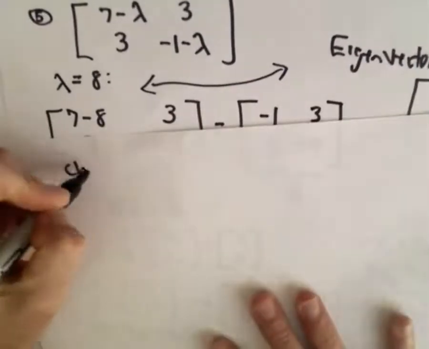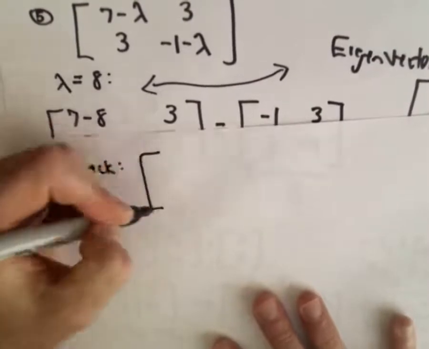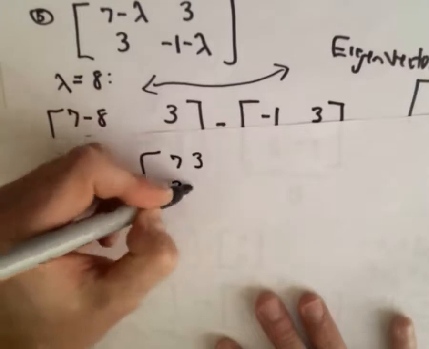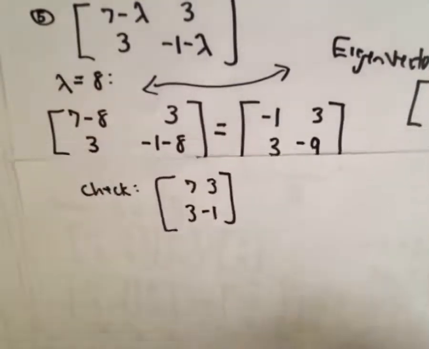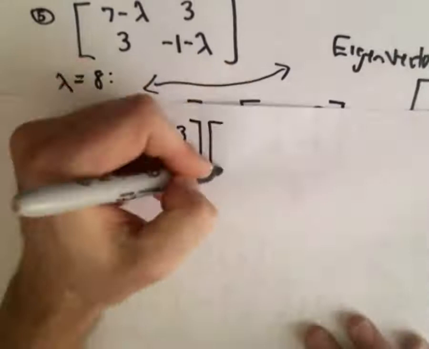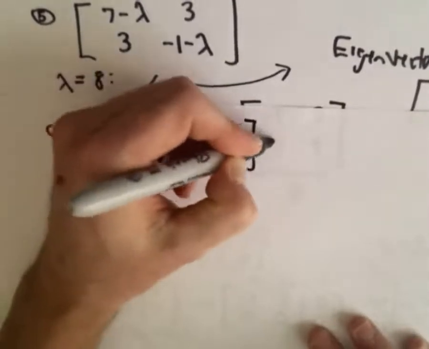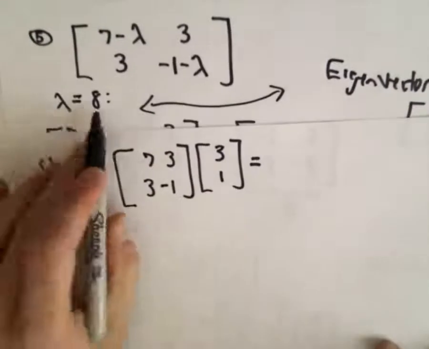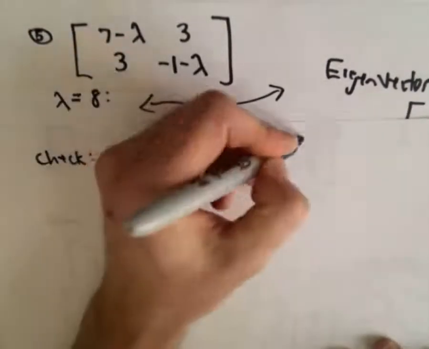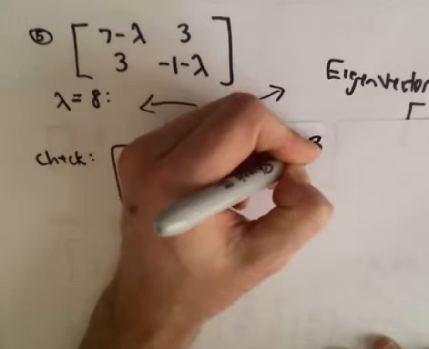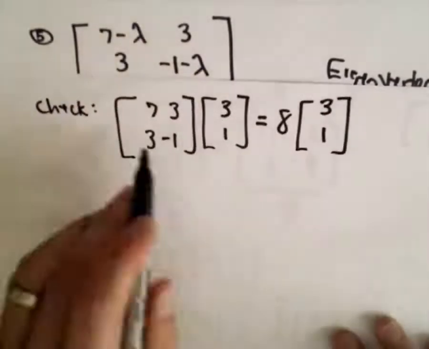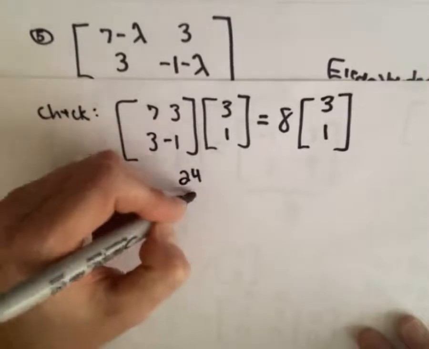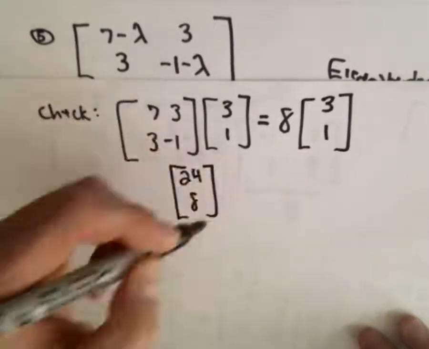You can check that if you take that starting matrix, 7, 3, 3, negative 1, and multiply that by our eigenvector, which has entries 3 and 1, that'll be the same thing as when we take our eigenvalue, which is 8, and multiply that by the eigenvector of 3 and 1. You can check that on the left side, if you do this, we'll get 24 and 8 as the entries.